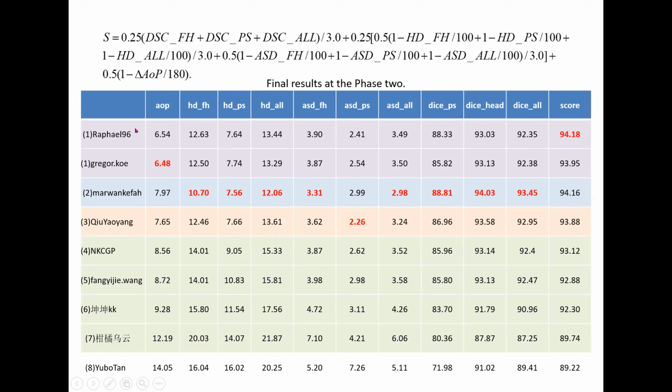From the journal group, they get the good final score and the good angle of progression score, about 6.48.